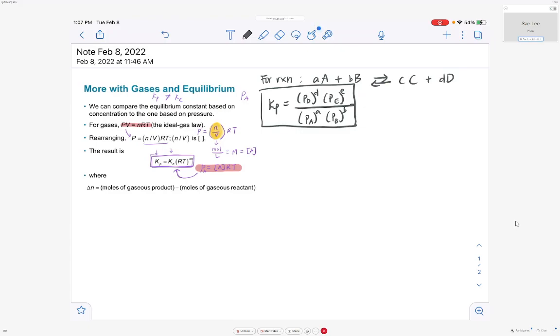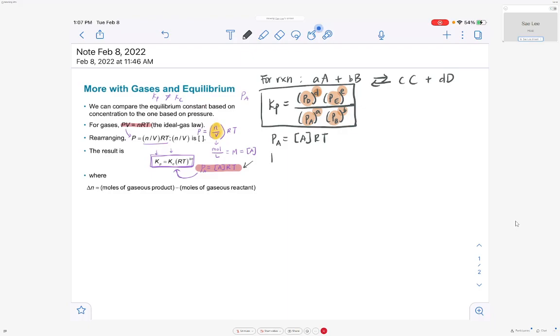Kp, the equilibrium constant in terms of pressure, is equal to the partial pressure of compound C raised to the power of its coefficient, times the partial pressure of D raised to the power of its coefficient, divided by the same thing for compound A and compound B. So we have this expression from last week, and now we have this information that we just obtained: the partial pressure of A equals the concentration of A times RT.